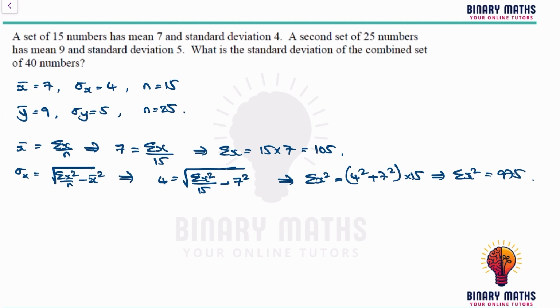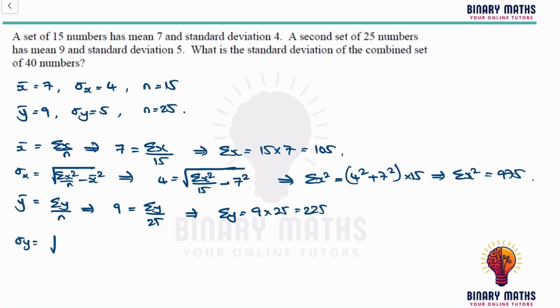Now we need to do the same thing with y. So y bar is equal to sum of y over n, which means 9 is equal to sum of y over 25, so sum of y is equal to 9 times 25, which is 225.